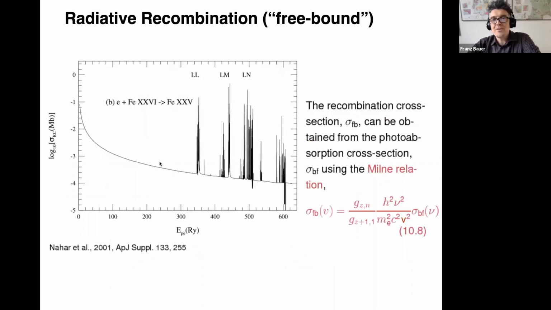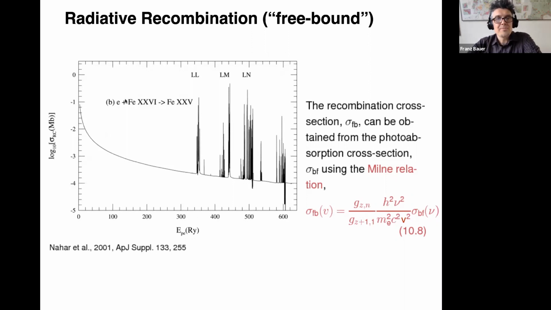And again, you can use the recombination cross-sections, and these can actually be calculated to some extent from the photoabsorption cross-section. So you can invert the bound-free cross-section, relating it using something called the Milne relation. Here's the cross-sections that we showed before, and the free-bound cross-section will be related to this, but you have some extra terms here. The extra terms are related to the frequency, the velocity distribution of the electrons, and then we have our statistical weights.